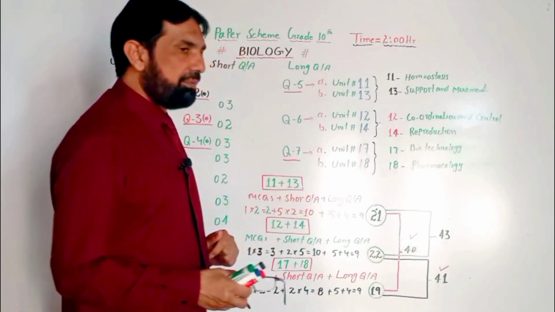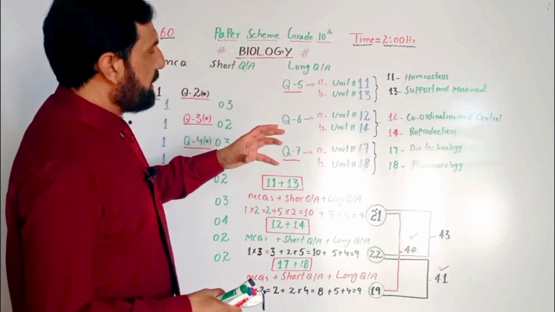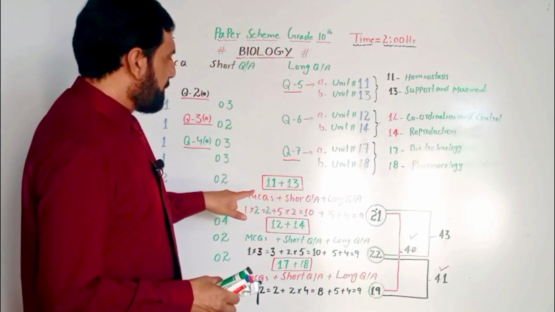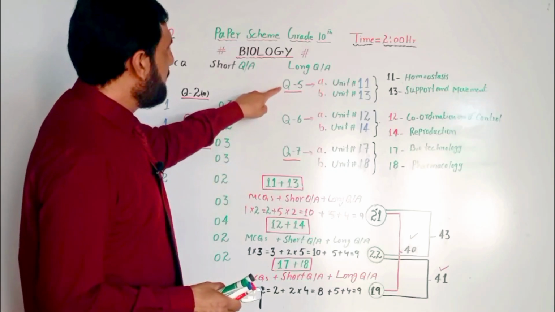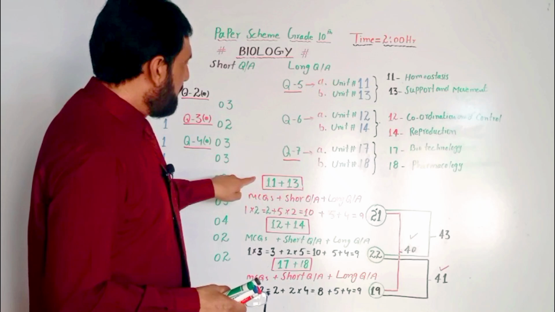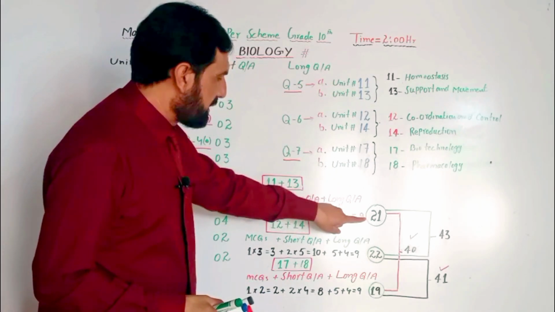I have also derived a view of how many marks you can have if you select any two long questions. If you select question number 5, chapter number 11 and 13, these two chapters will give you 21 marks.